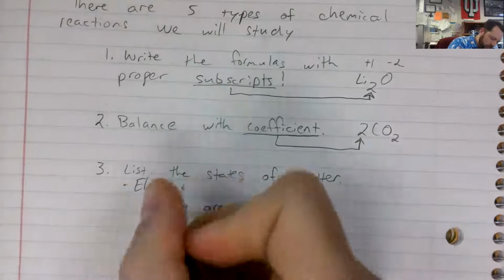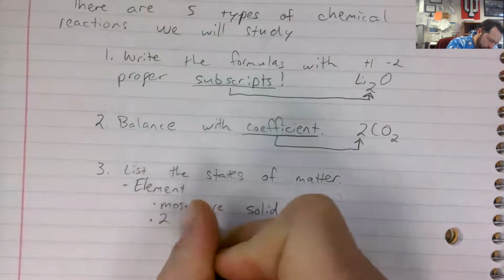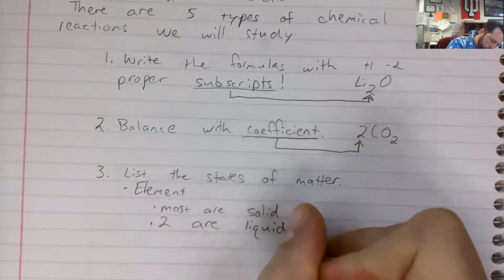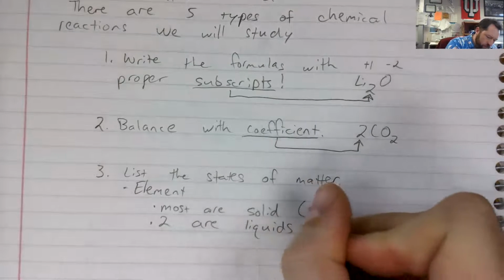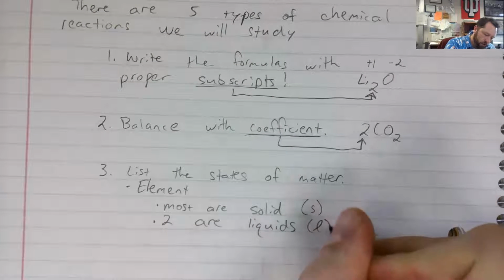So if you have to, guess solid. Two are liquids. Oh, and I forgot to mention, I think you guys will figure this out pretty quickly. We use S for solid and L for liquid.